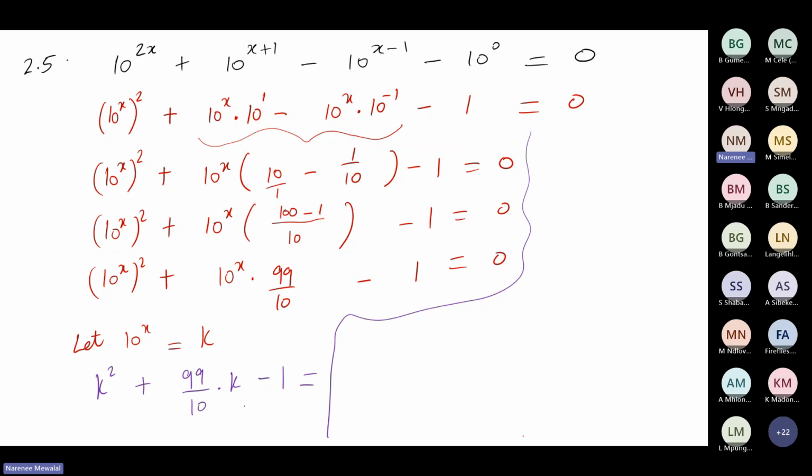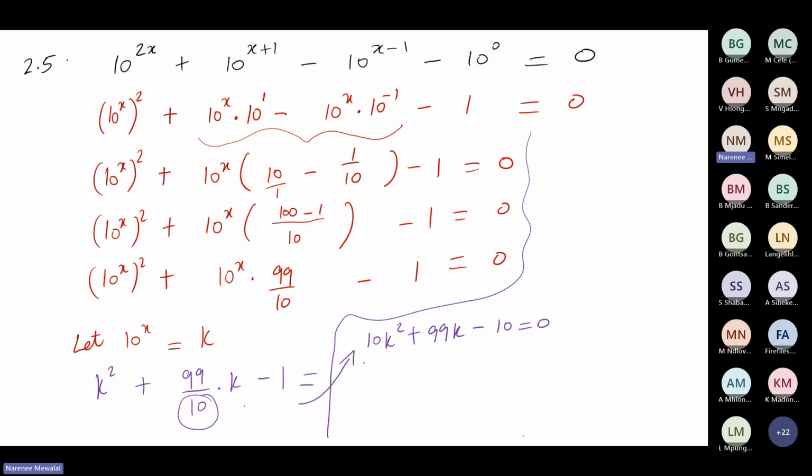Okay, so from here, you're going to multiply through by your denominator of 10. So you're going to get 10k squared plus 99k minus 10 equal to 0. You try to factorize that, and it actually does factorize.